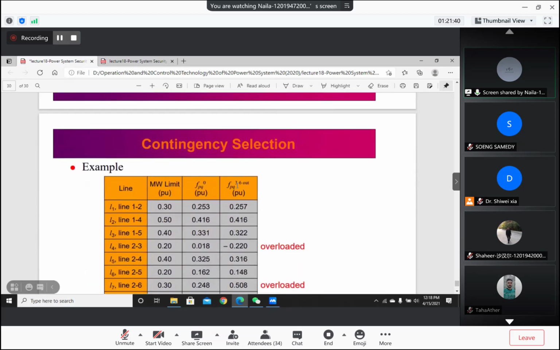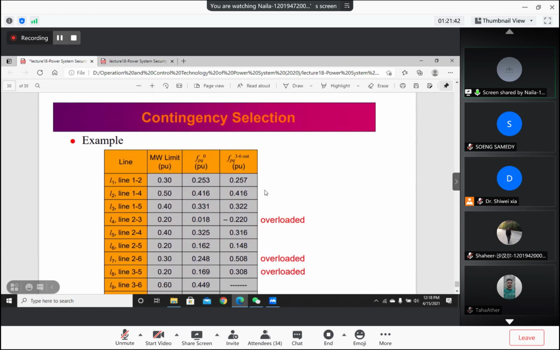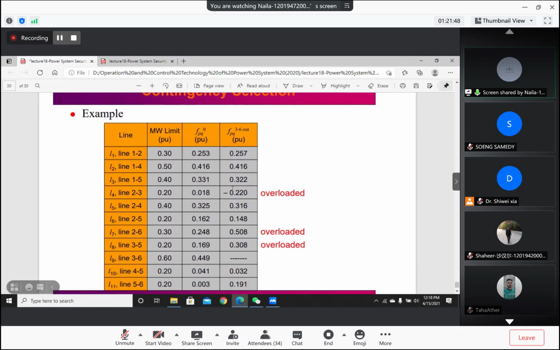Now in this slide, by using the D factor, the distribution shift factor, we can find the flow in all lines when any outage occurs in line 3 to 6. Here we can see that there exist overloads in 3 lines: line 2 to 3, line 2 to 6, and line 3 to 5.